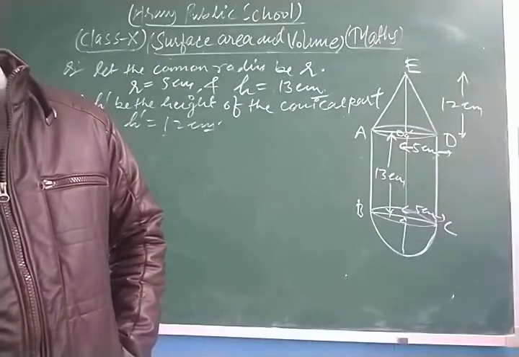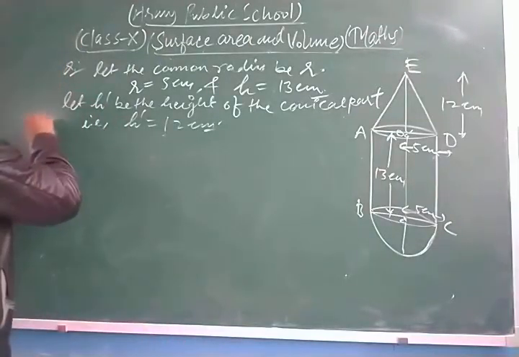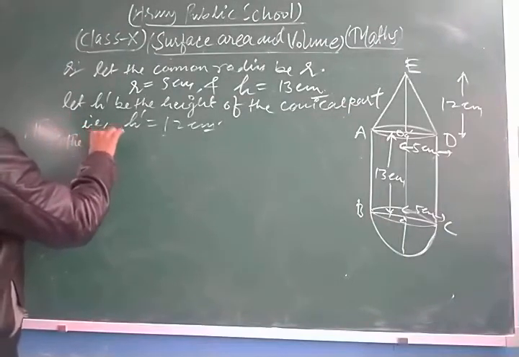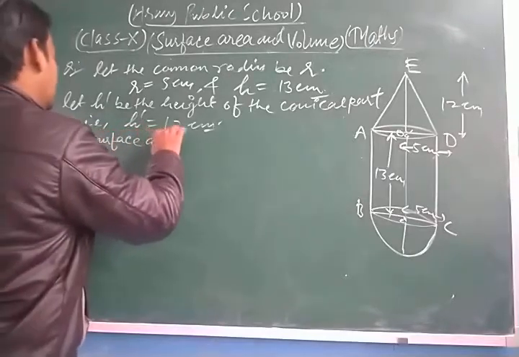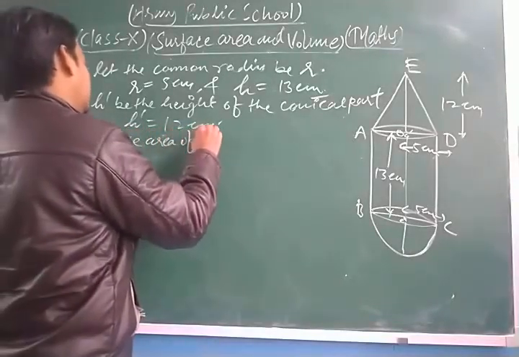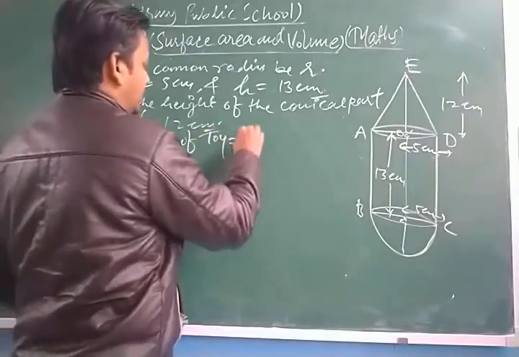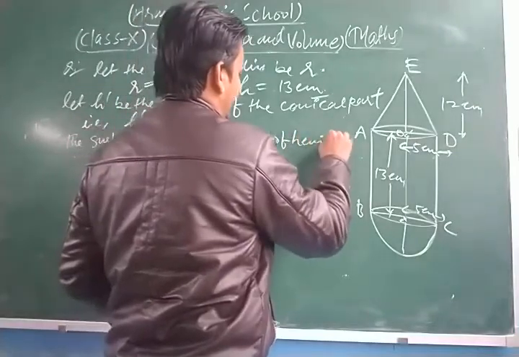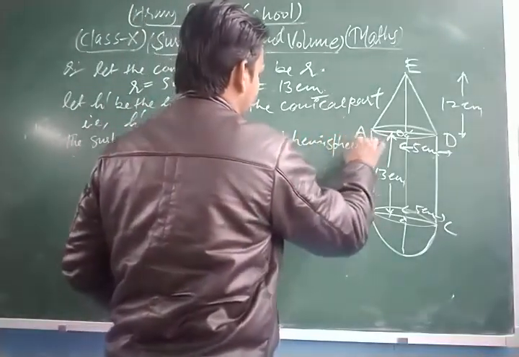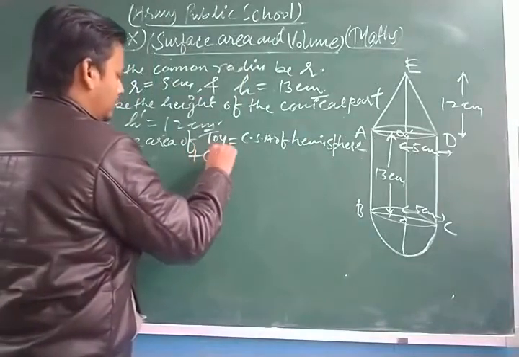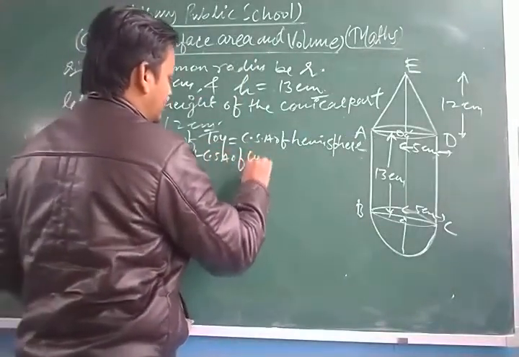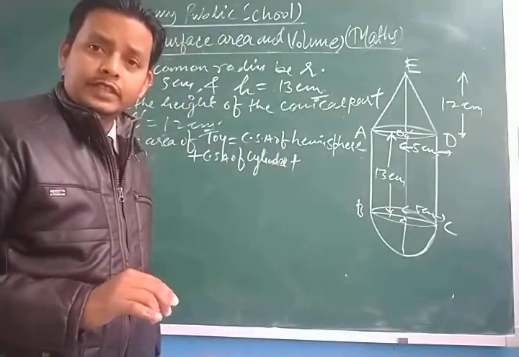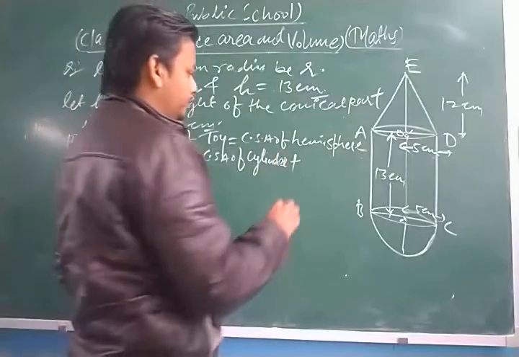Thus the surface area of the toy is the curved surface area of the hemisphere plus the curved surface area of the cylindrical part plus the curved surface area of the conical part.